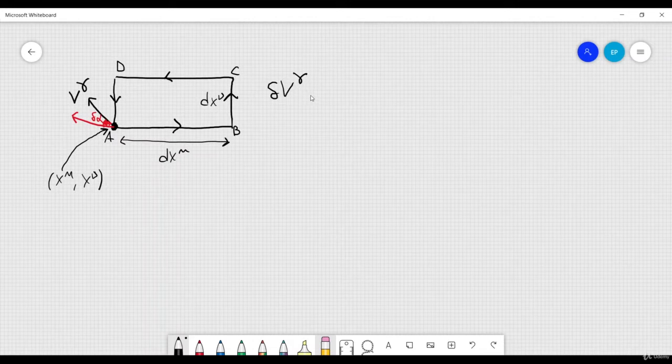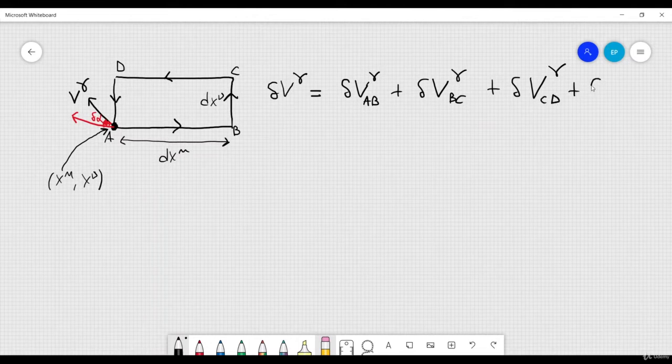So how can we find the change δv^γ around this loop? Well, this change will be given by some contributions. The contributions are given by the change of the vector v^γ along AB, so the change along this first part of the loop. And then we have some change δv^γ BC. Then we have some change of v^γ along CD, and also some change of v^γ along DA.